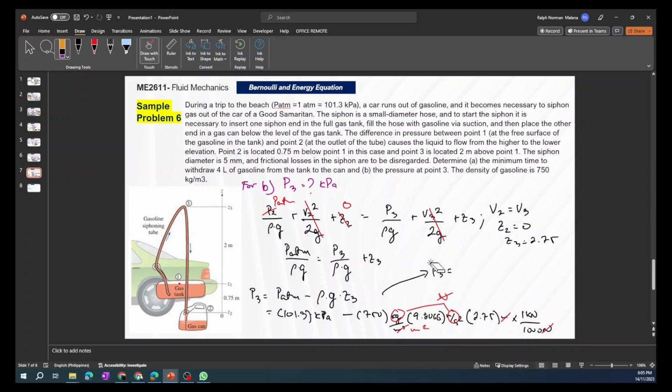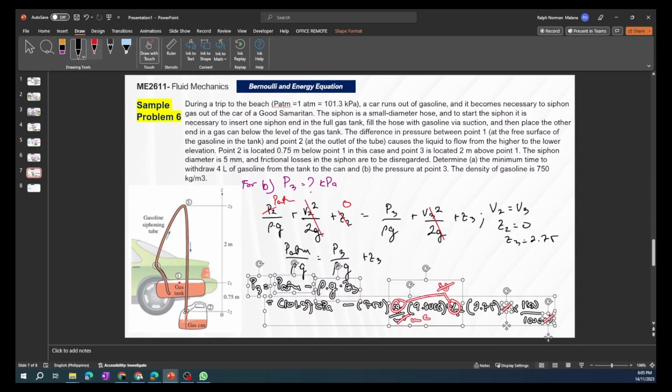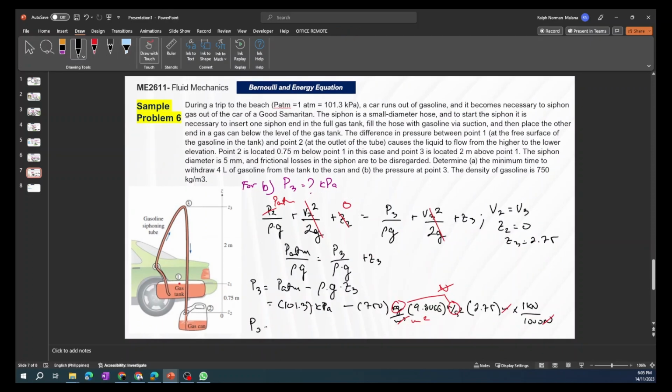Actually, let's just arrange this. So solving the equation here, your P3 is now 750 minus 9.8066 times 175 divided by 1,000, 101.3 minus.